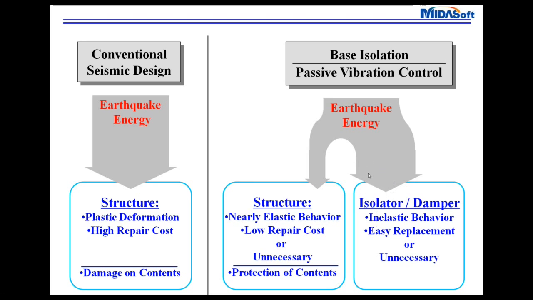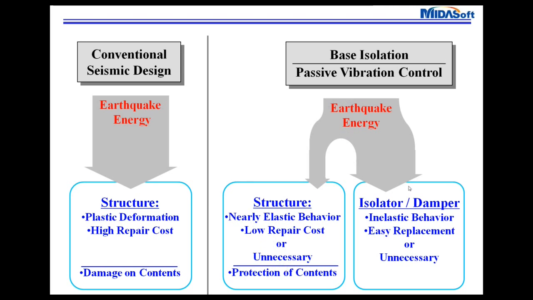What's really great about these isolators and dampers is that they absorb most of the earthquake energy, keeping most of it away from your structure, which is what you want to keep it stable. So when the structure receives the energy that's left over from the dampers and isolators, there's nearly elastic behavior, very low or unnecessary repairs, and the protection of your structure is maintained.